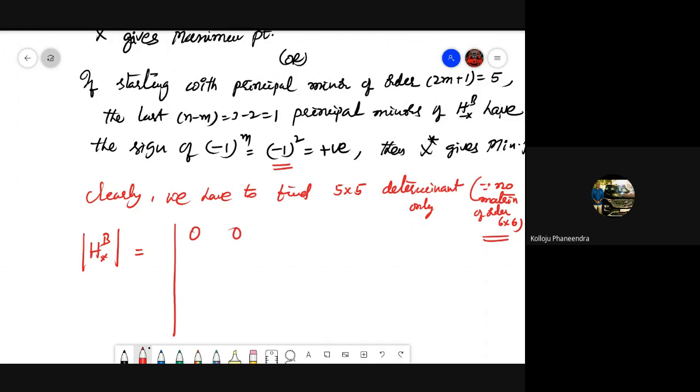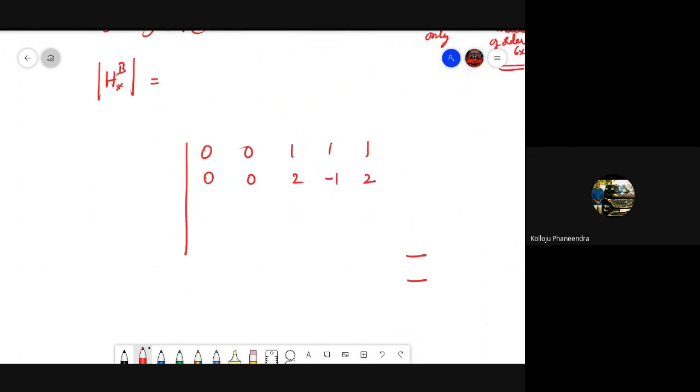This is 0, 0, 0, 0, 1, 1, 1, 2, minus 1, 2. It's not moving properly.